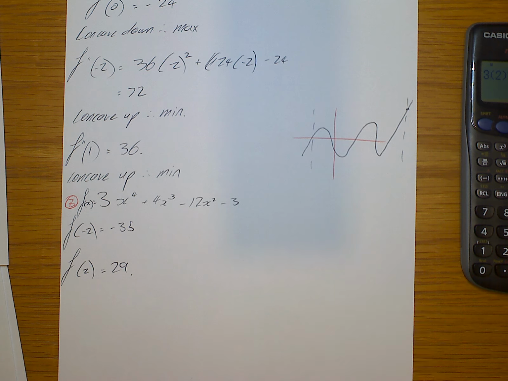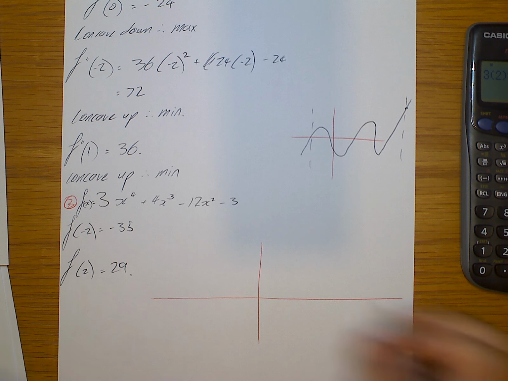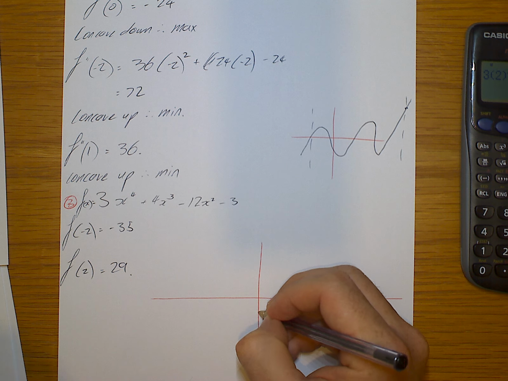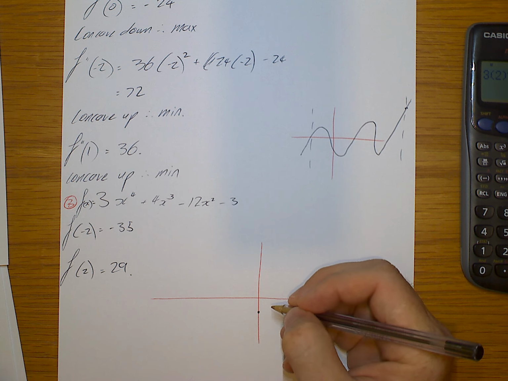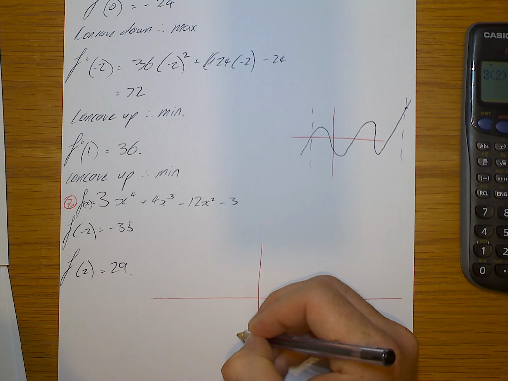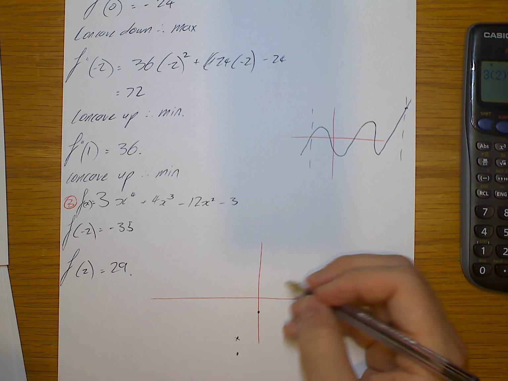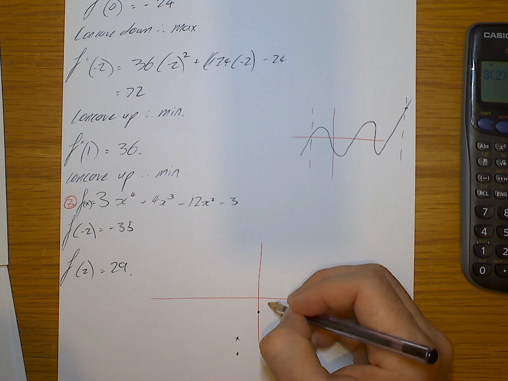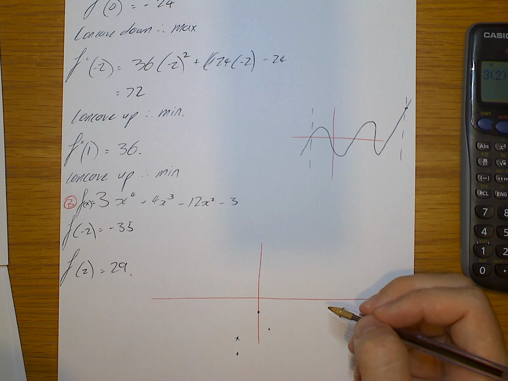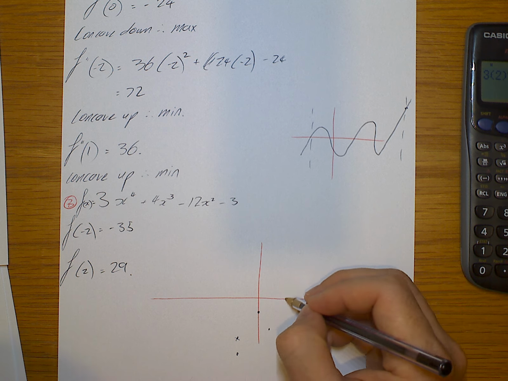I am just going to sketch this out just to make sense and explain it for you guys. Our points are going to be 0, -3. Our other point is going to be -2, -35. Let's go here. We're taking some liberties. Probably here. The other one is going to be 1, -8. And then our domain, we've already done one of them, which is here, is going to be 2, 29.